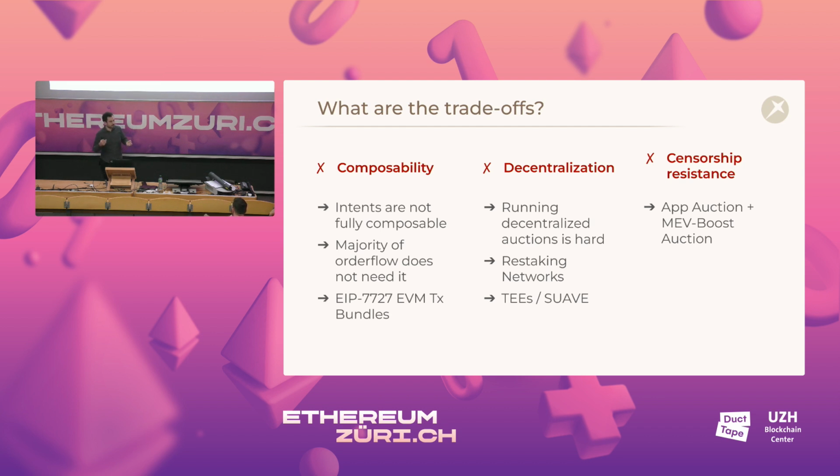So you have to go through two auctions, the application auction and the MEV-Boost auction that you saw in some talk. This is still an unknown, and it's not clear how it will be solved. Some protocol changes may be added to Ethereum, like inclusion lists or multiple concurrent proposers. But it's still an unknown.